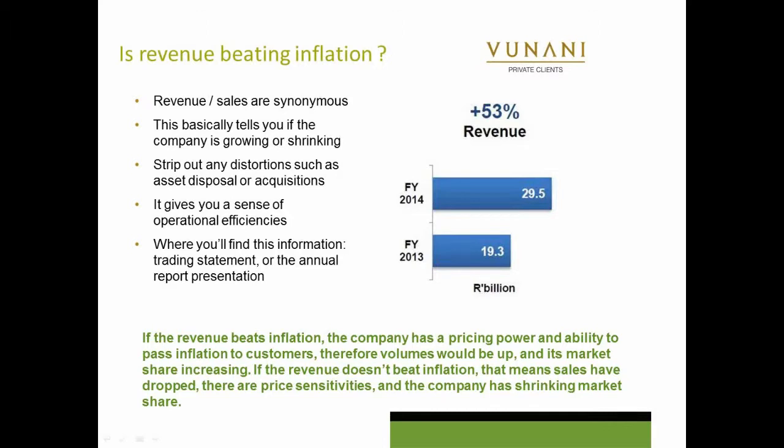Again, if the opposite happens, a couple of things could be at play. If the revenue doesn't beat inflation, it could mean that sales have dropped, or the customer might have been price sensitive and switched to a substitute product that is perhaps cheaper. So it goes back to how the company is going to shape its business to avoid price sensitivities of customers and maintain its sales volume.